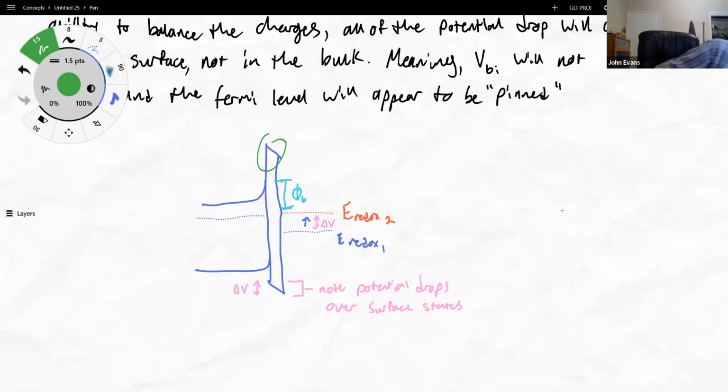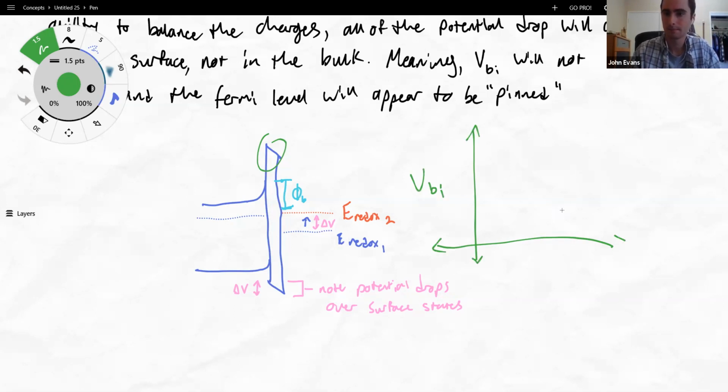If you were to plot VBI this way and E redox, what you should see is a linear slope, right? You should see a slope of 1.